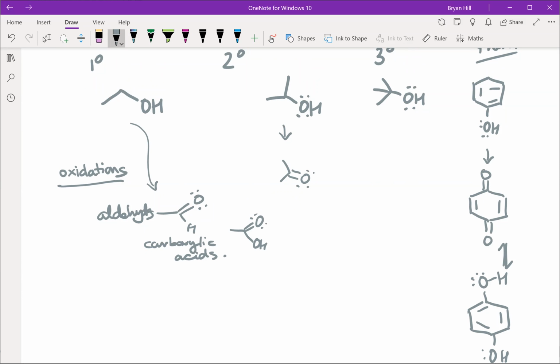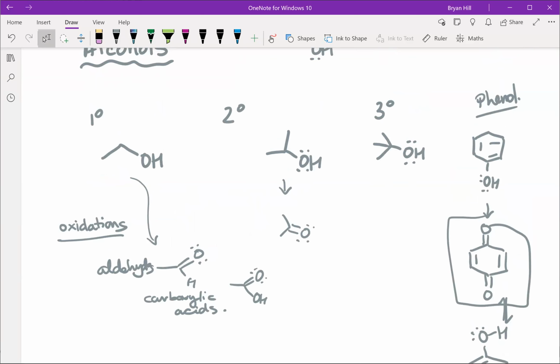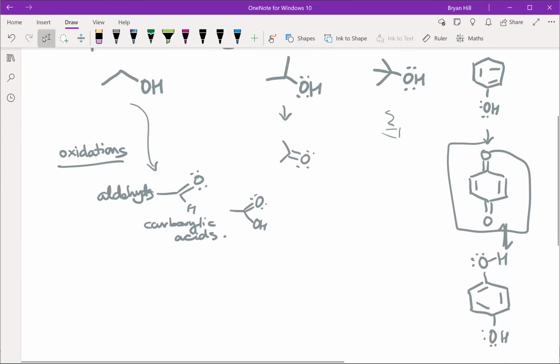I'm pretty sure it's got this sort of structure in it. I'll have to look that up. I vaguely remember that. Okay, so alcohols can be oxidized, and tertiary alcohols are basically resistant to this because they've got, as I said before.